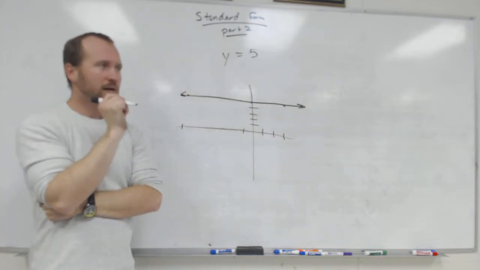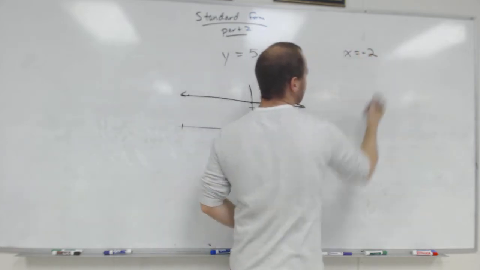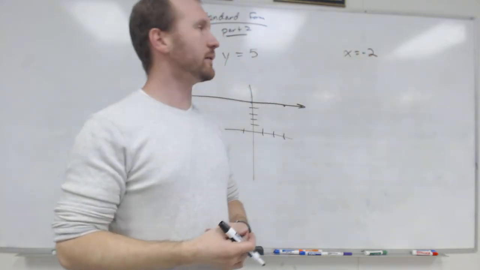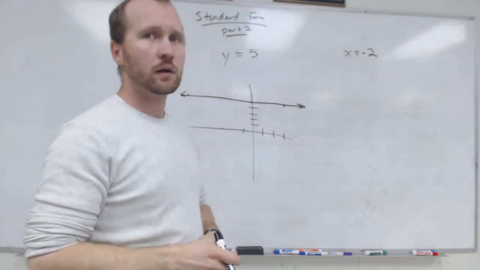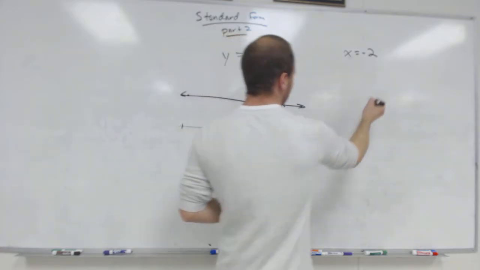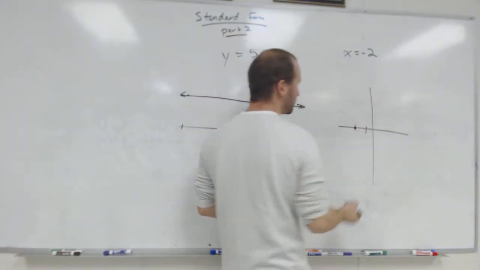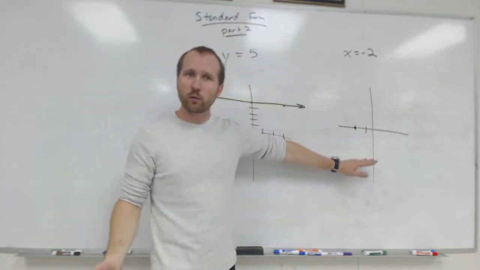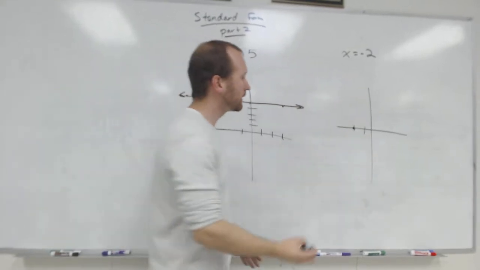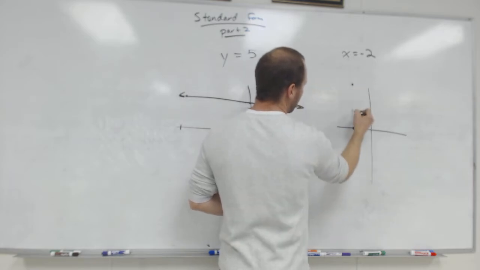And then this technically is also standard form. x equals negative 2. y doesn't figure into this equation. If x is equal to negative 2, here's where x is negative 2, and it doesn't matter what y is, x will always be negative 2.